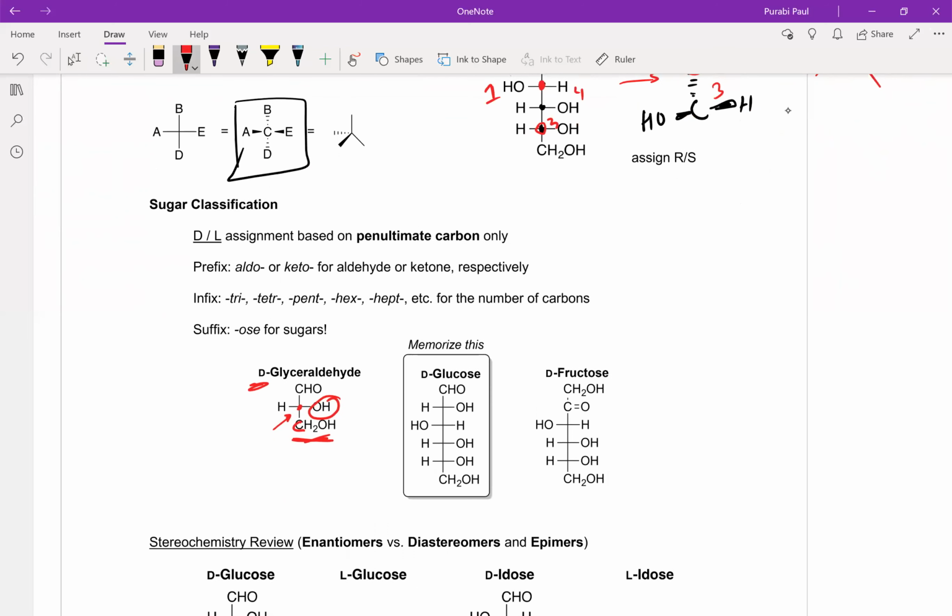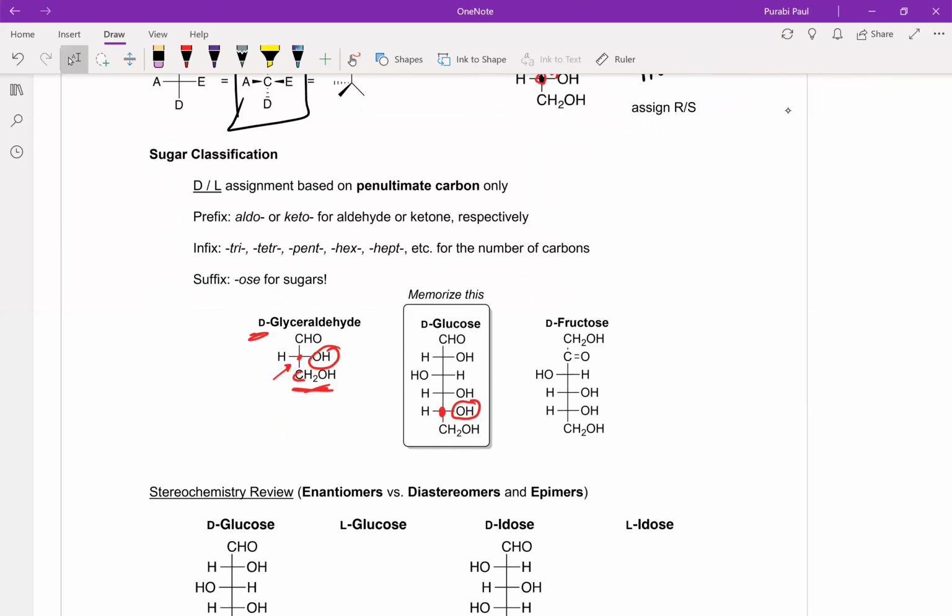Same with this. So the penultimate carbon of glucose is this one right here. And on that carbon, the OH is also to the right, okay? So that means it's D. You should memorize just D-glyceraldehyde, and then you could label everything based on that, okay? Same with D-fructose. This is the penultimate carbon, it's going to the right, so it's D.